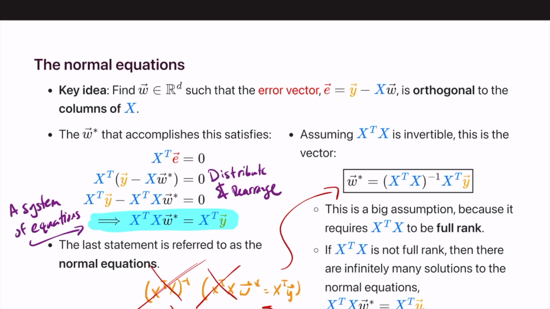Now we can only really do this if X transpose X is invertible, and a big assumption of that is that it has this idea of being full rank. Full rank is just one way of saying that all the columns are linearly independent.